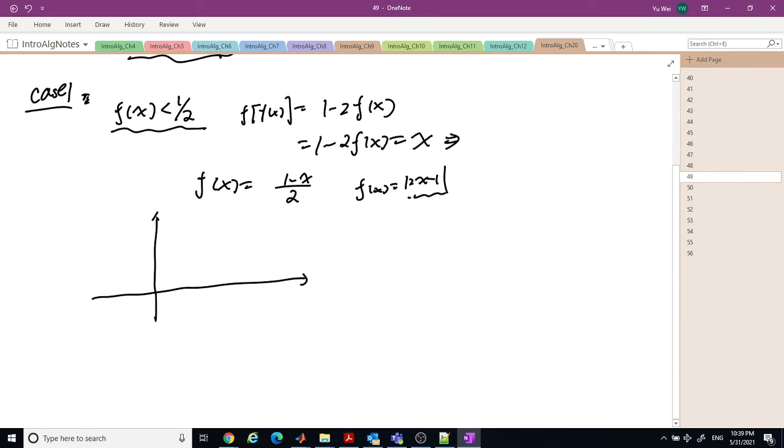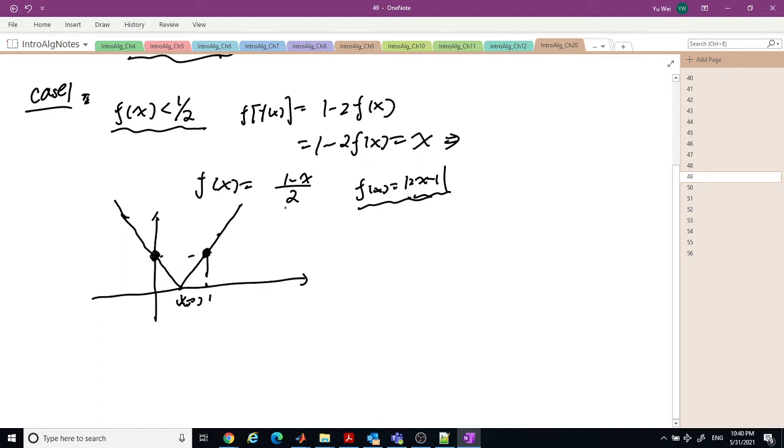The 2x minus 1, the 0 case is half, right? The slope is k equals 2, right? So that means when it is 1, you are at 1. When it is 0, you are also at 1. Okay, so this is f(x) equal to the absolute value of 2x minus 1, right?